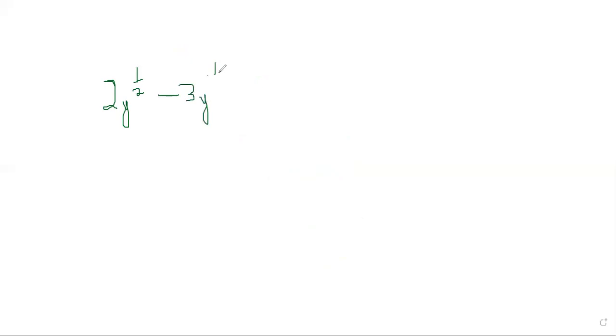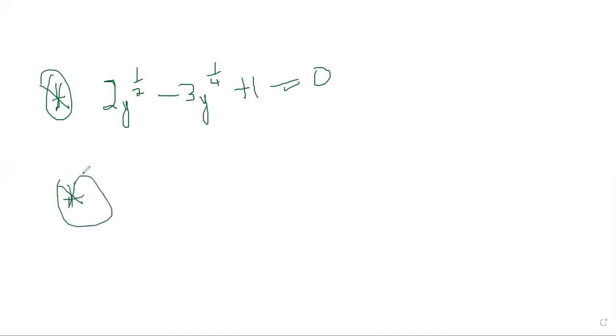3y to the power of a quarter plus 1 is equal to 0. So this is the first one that I want you to do for me. Solve for y. The second one that I want you to do for me is t minus 1 is equal to root 7 minus t. So you solve for t.